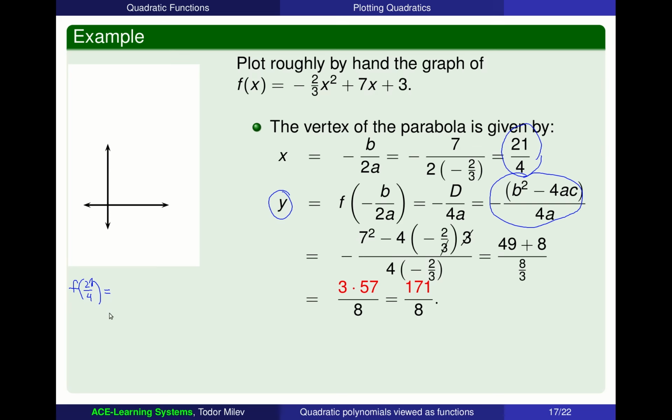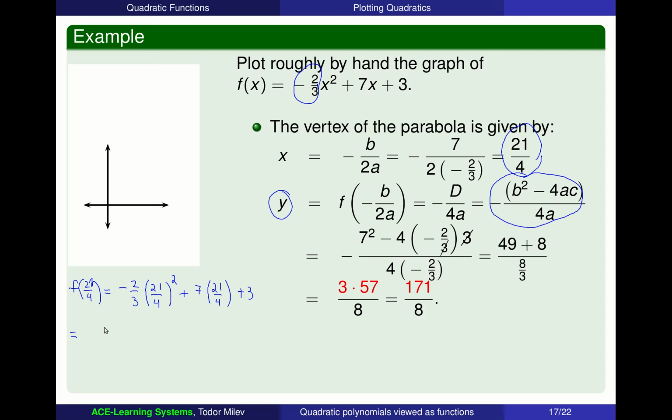Now I'm going to need a little bit of space in order to compute that number, so I'm going to leave a little bit of space here. So let's do it. f of 21/4 is negative 2/3 times 21/4 squared, right? So here is my negative 2/3, and x squared, that's 21/4 squared, plus 7 times 21/4 plus 3.